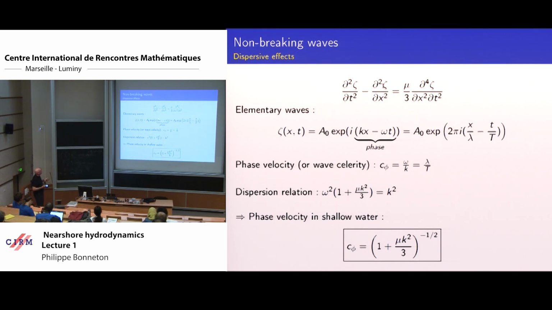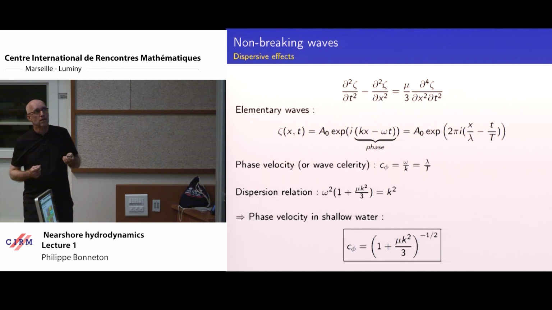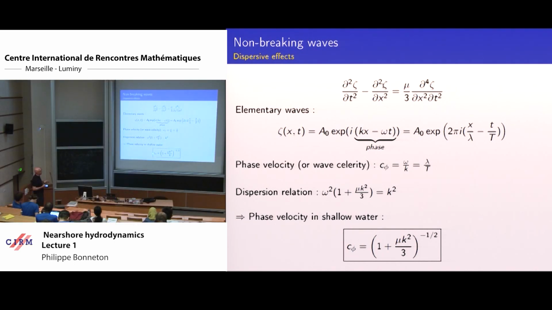If we put this elementary solution into this linear equation, we obtain the dispersion relation like this, which is very interesting because the pulsation is related to the wave number k. And the phase velocity, the definition is there, is equal to this expression.